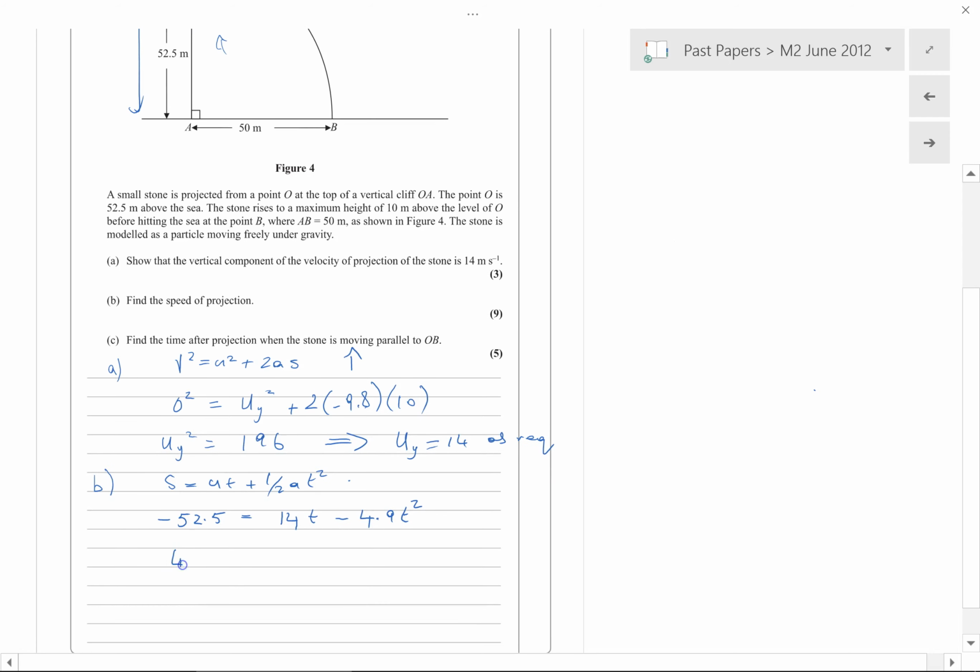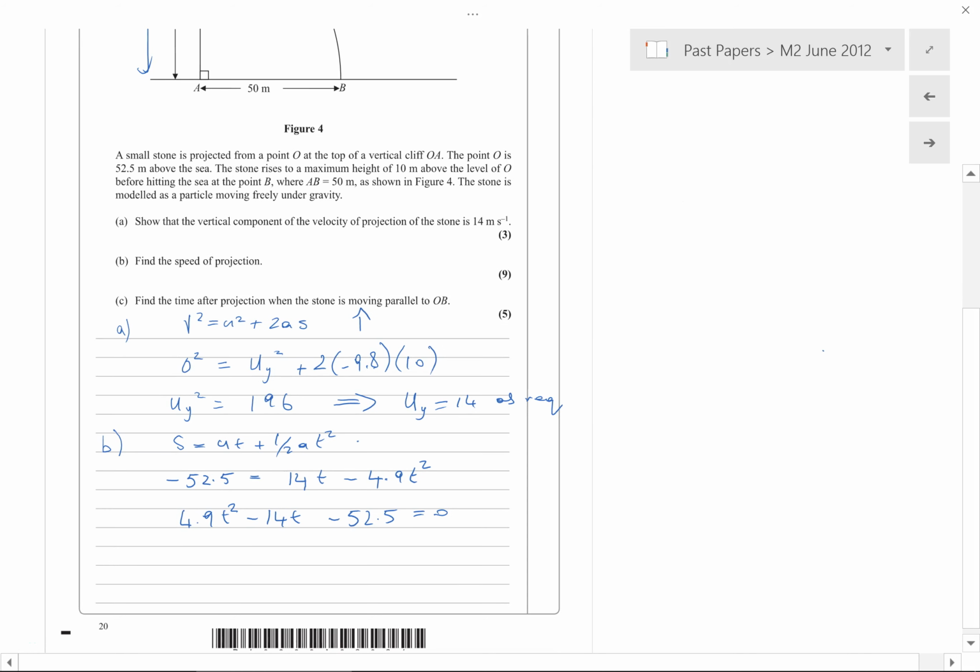So that breaks down to 4.9t squared minus 14t minus 52.5 equals 0. Again, I'm going to try and see if I can factorise this rather than just plough into it with a calculator. Divided by 0.7, I get 7t squared there.